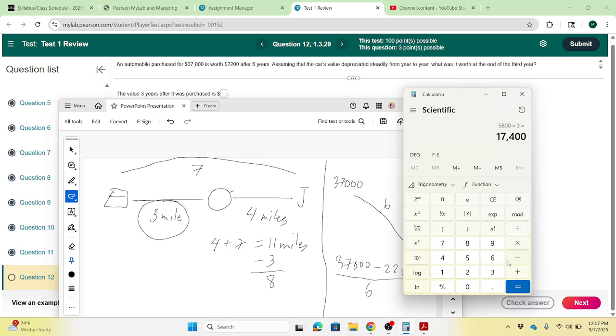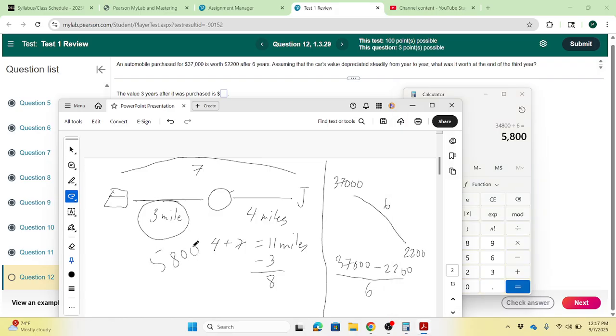So the original price was 37,000. I don't have that number, so I'm supposed to write it down. I don't remember that. One more time, 37,000 minus 2,200 divided by 6. That's 5,800. So I'm supposed to write down that number.